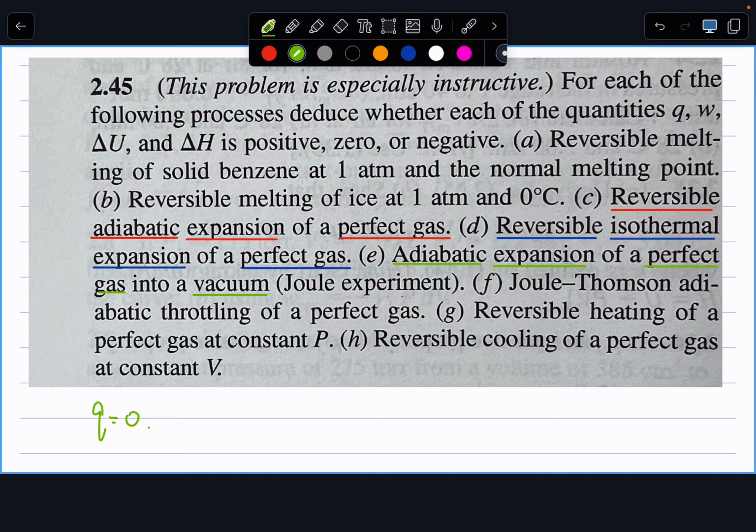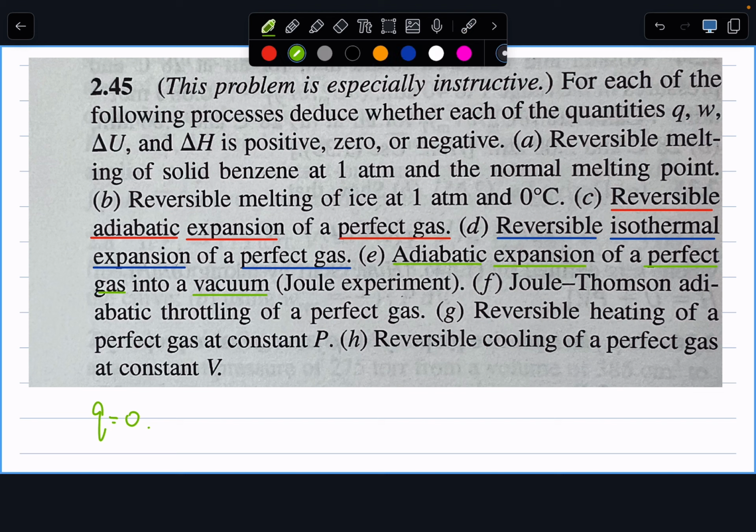Now, the common misunderstanding is that we too quickly say this is an expansion, so work must be negative. But in this case, what we have is expansion of the gas into vacuum. So it's not a reversible process. We cannot use our W equals negative P dV anymore. Also, when expanding into the vacuum, my gas is not doing work on the surroundings. So this is the Joule experiment setup.